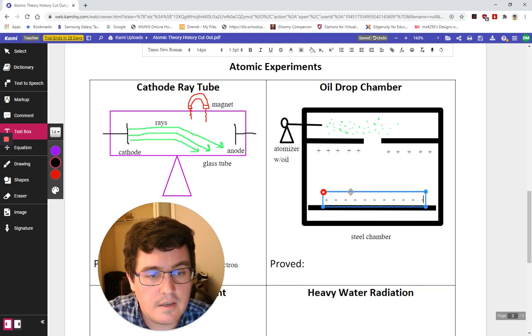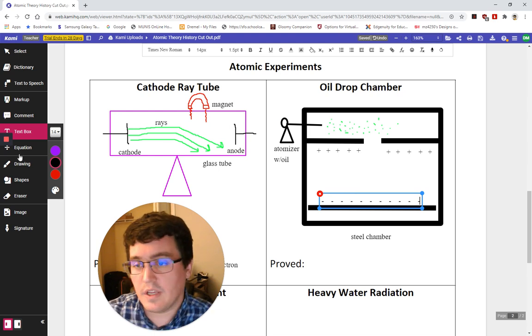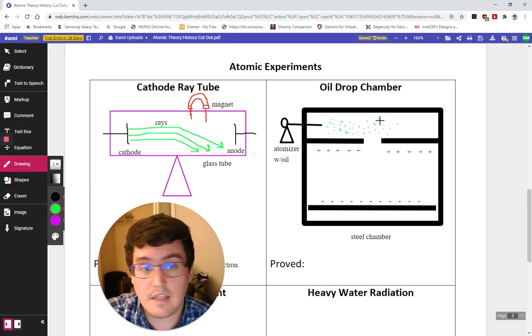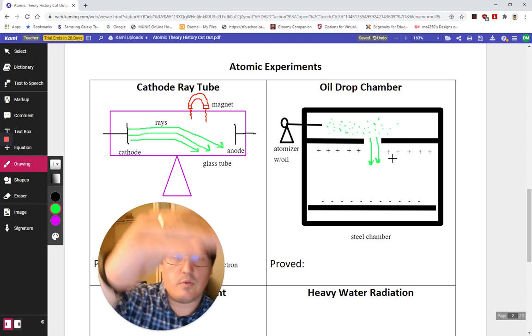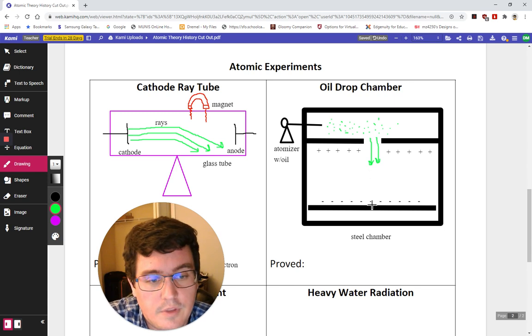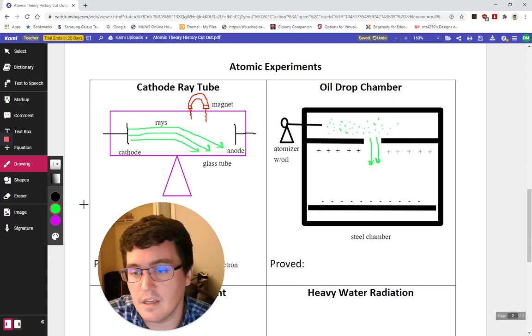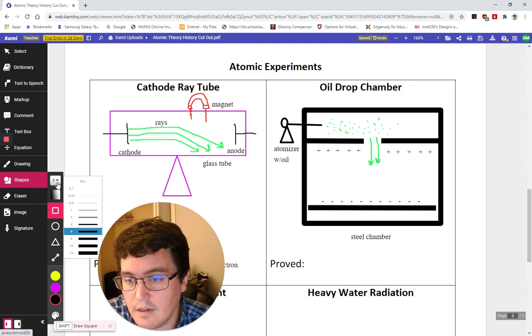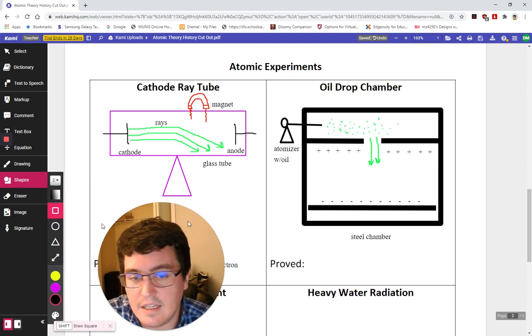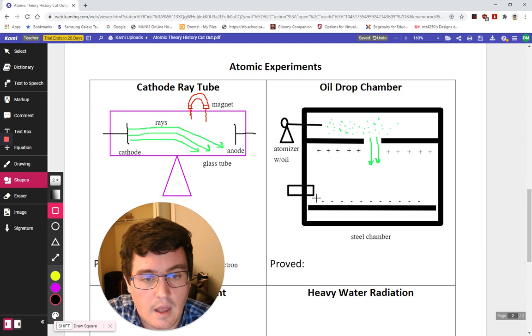And so what would happen is the oil droplets would come through there, and they would fall down, they would drop, literally, right? Oil drop. They would drop through, and as they dropped through, they would get repelled by this plate. And he could watch that happen because over in the side, he built a microscope, but it's a microscope that looks a whole lot like a telescope.